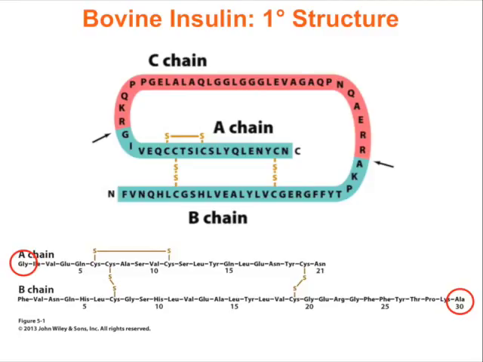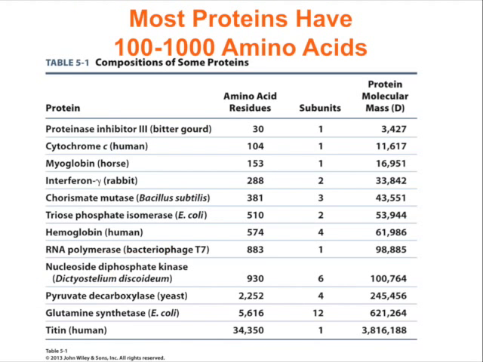So this is one example of a fairly simple protein. In general, proteins are limited to around 100 to 1,000 residues in length. Like I said, some are smaller, some are longer, some are very much longer. And the constraints are that proteins need to have at least 40 amino acids to be considered a polypeptide.